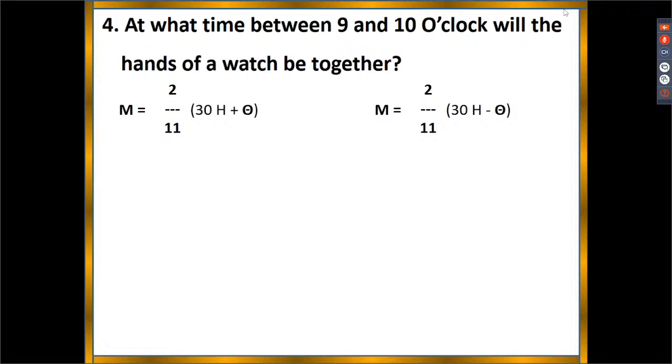For theta there is no difference because theta should be positive. Clear to all of you?